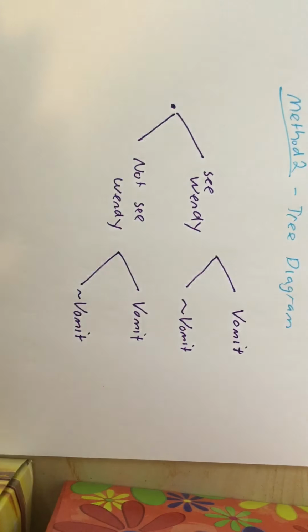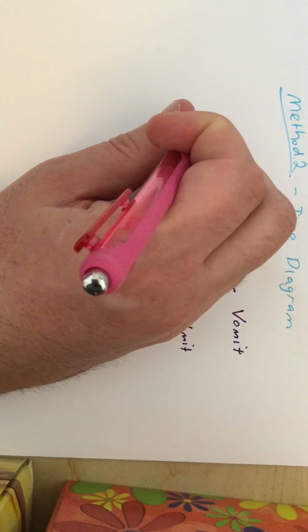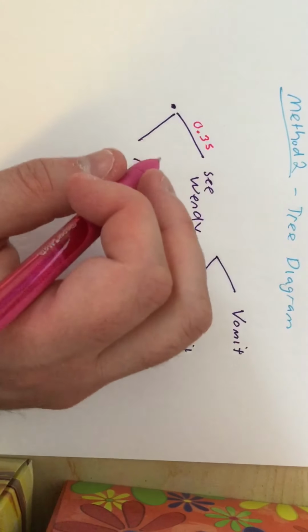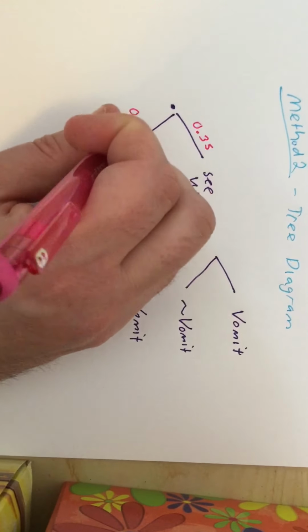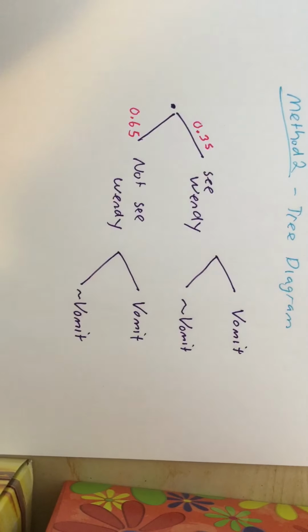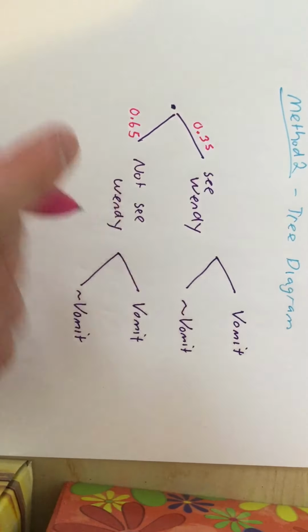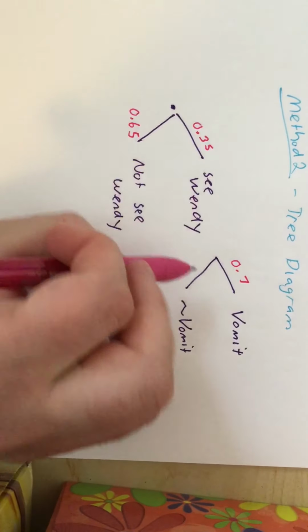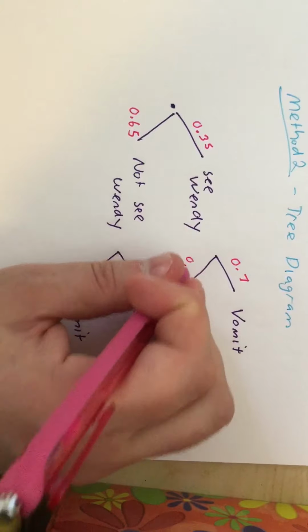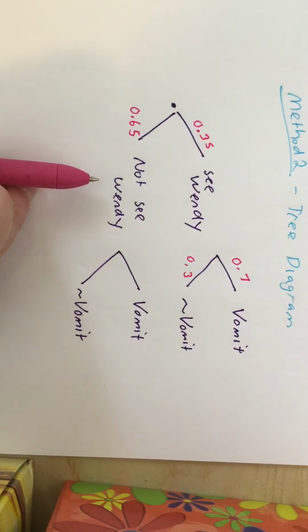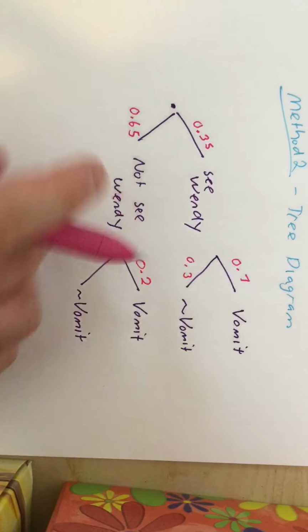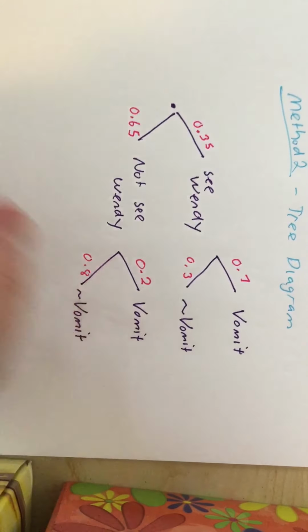The probability that he sees Wendy, which you may or may not recall, is 35%, which means the probability that he does not see Wendy is 65%. If he sees Wendy, the probability that he vomits is 70%, which means if he sees Wendy, the probability that he does not vomit is 30%. If he does not see Wendy, the probability of vomiting is 20%, and the probability of not vomiting is 80%.